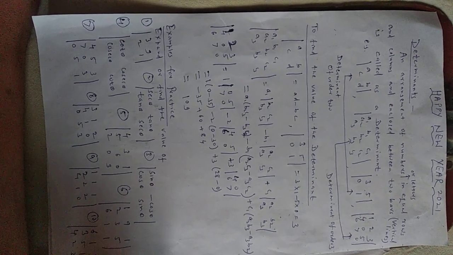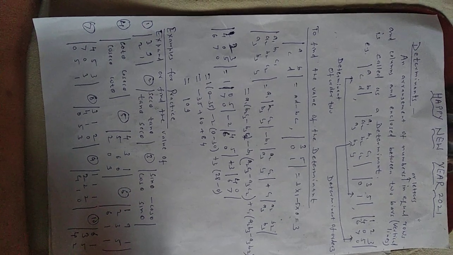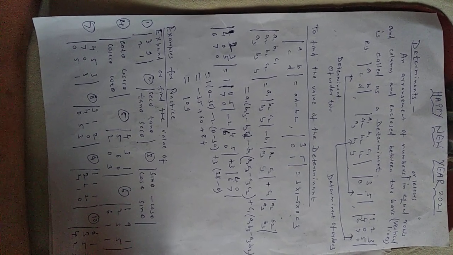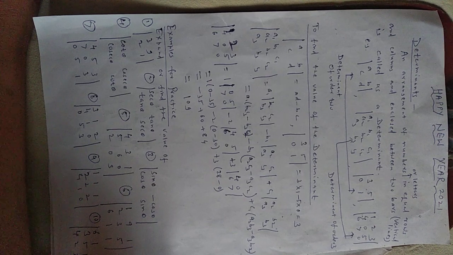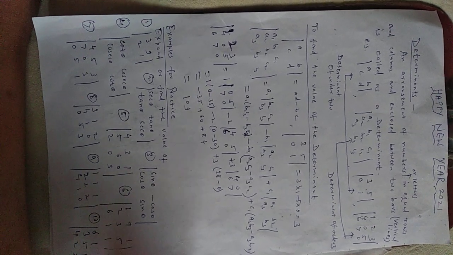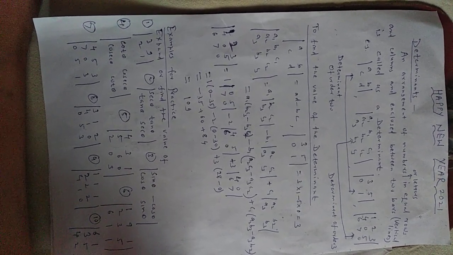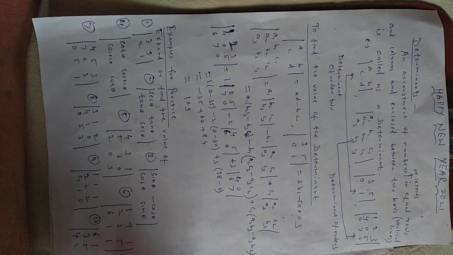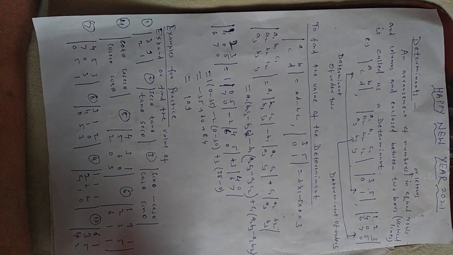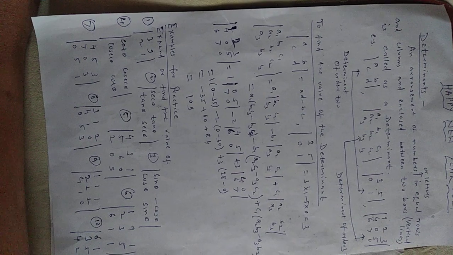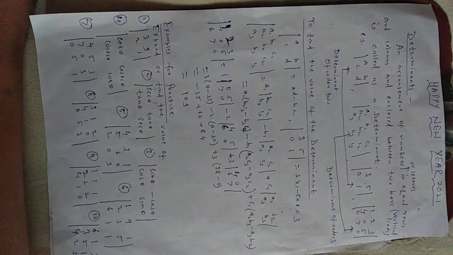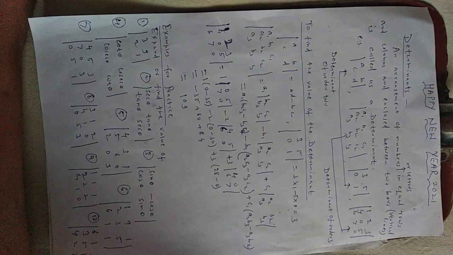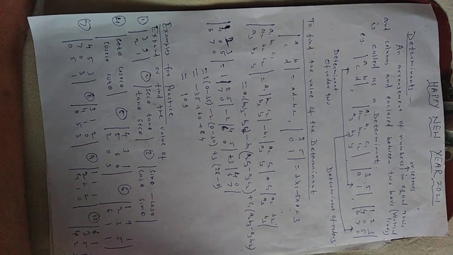The same technique, multiply it with a determinant obtained by deleting the row and column containing that element. So C1 into A2 B2 A3 B3. So A1 into B2 C3 minus B3 C2, as we have studied in this, we have studied how to evaluate second order determinant.